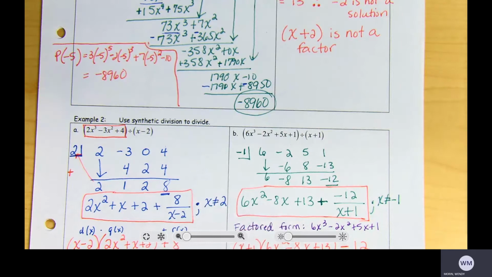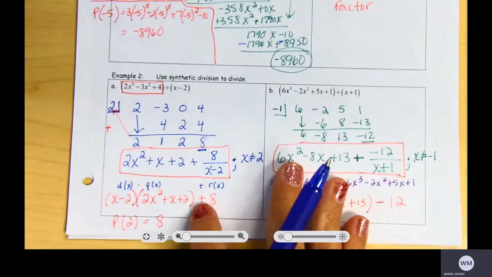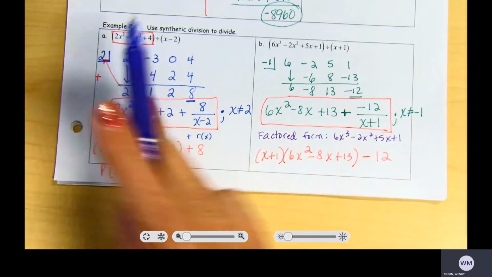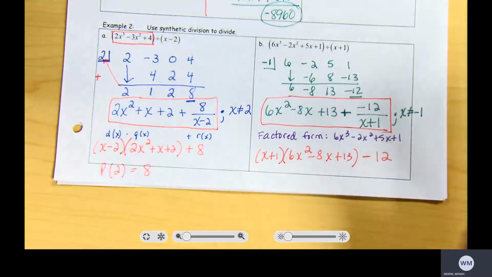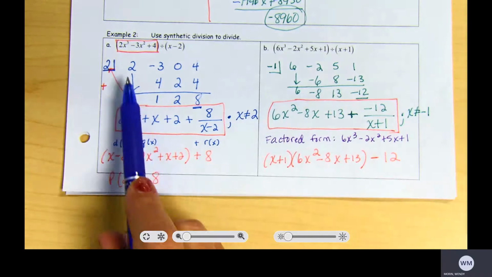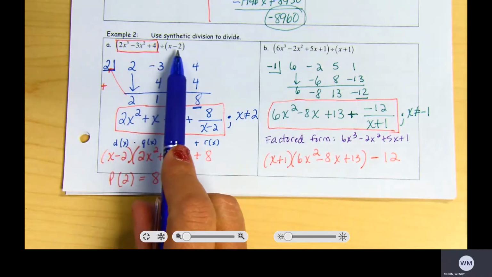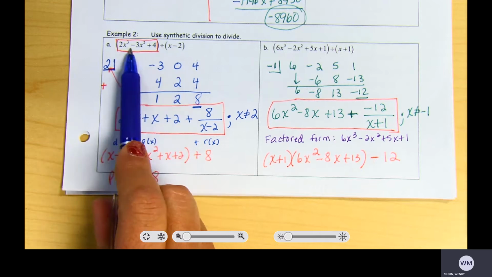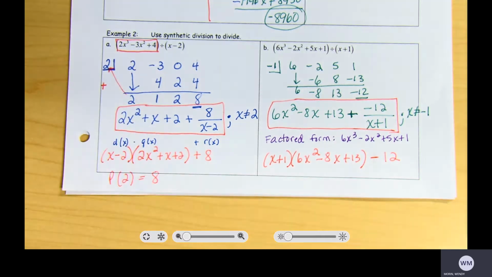Now let's talk about putting things in factor form. This is asking you to divide, but division is a way of helping you factor. If you get a remainder of 0, then it goes into this polynomial evenly, but you can still write factor form even if you have a remainder. And this is what it would look like.